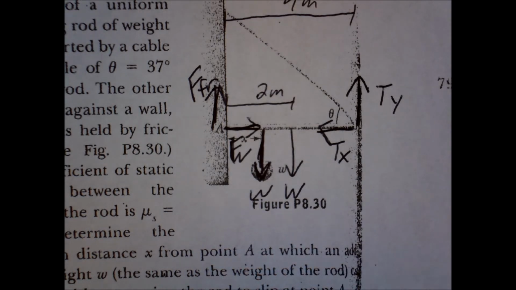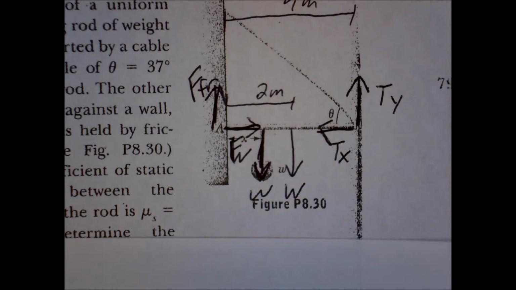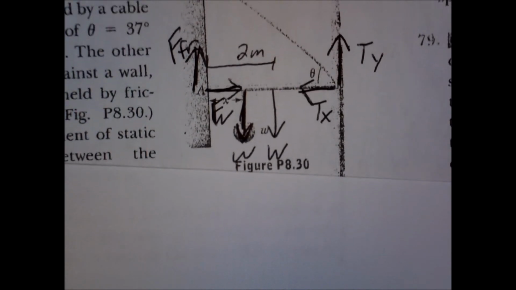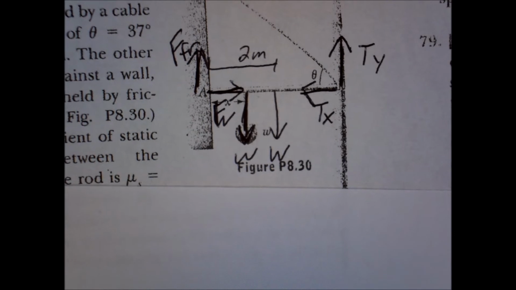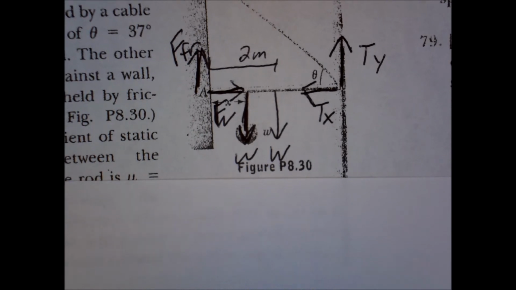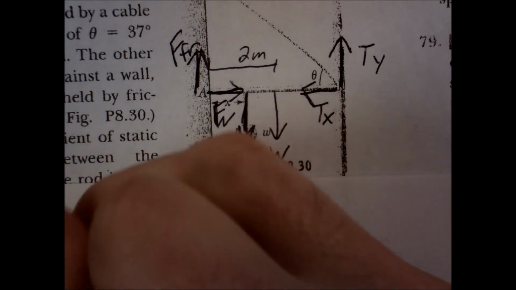At this point now, we're just going to start doing our summations. Okay, let's do our summation. It's up to you which one you want to do first. Let's do the torque one first, since we've been doing that.